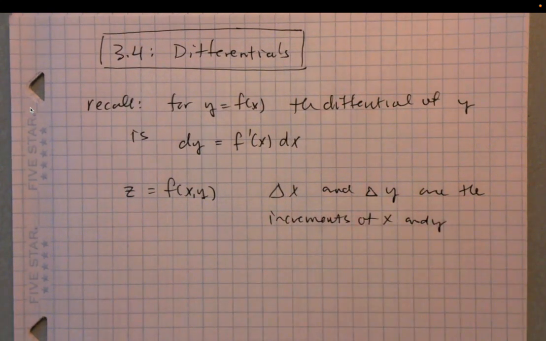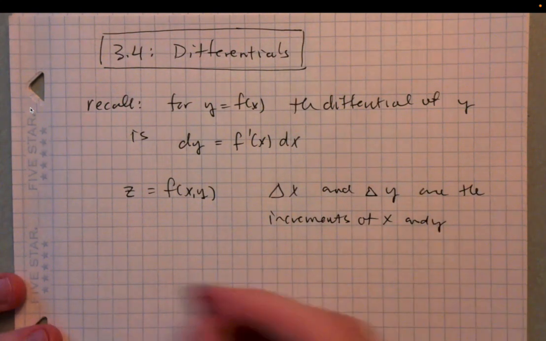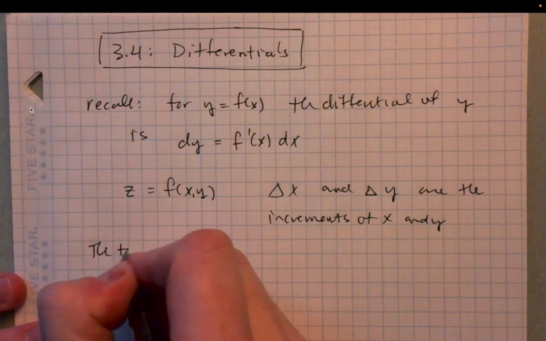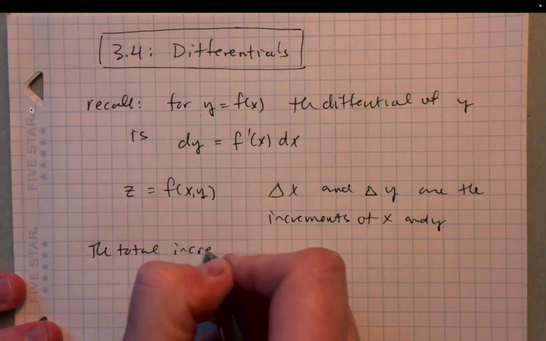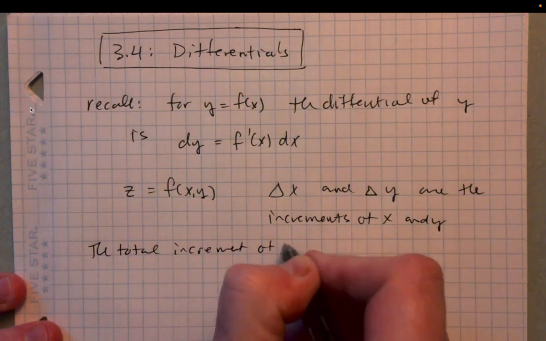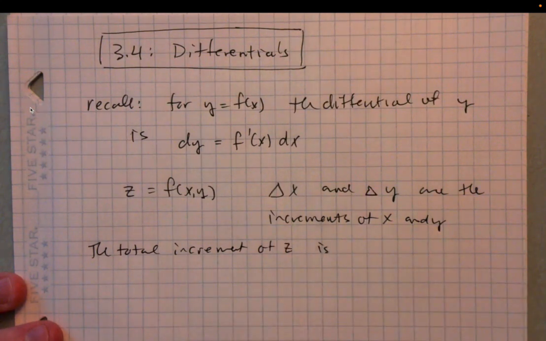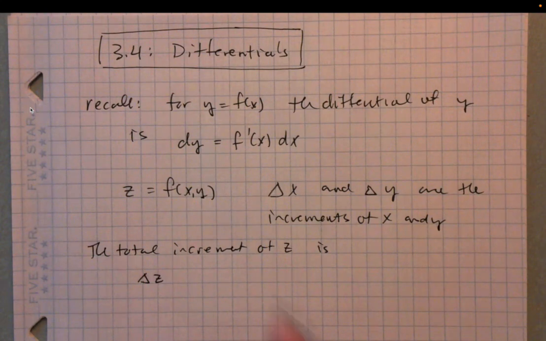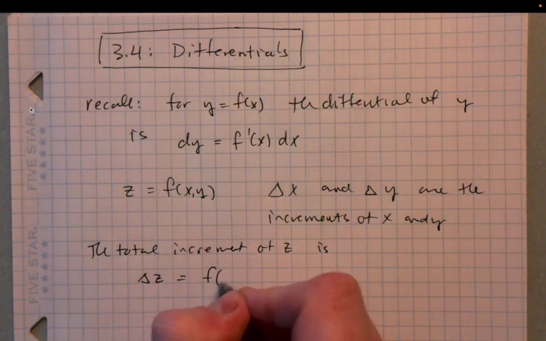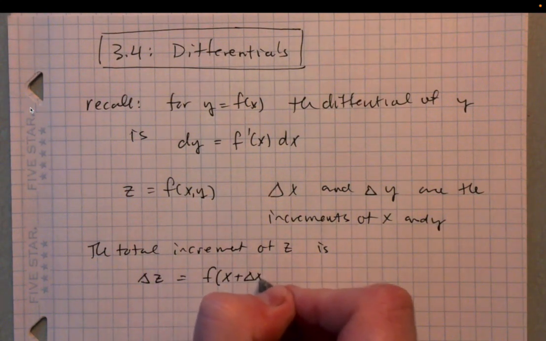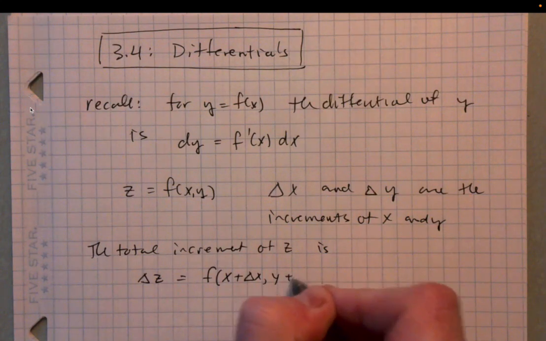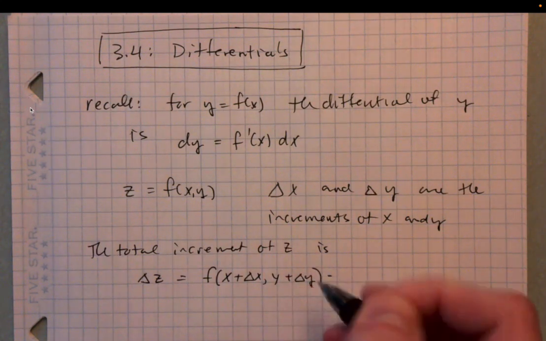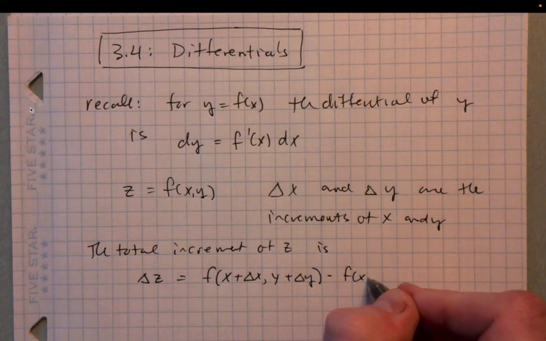And then the total increment of z would be delta z equals f of x plus delta x, y plus delta y, minus the starting point.